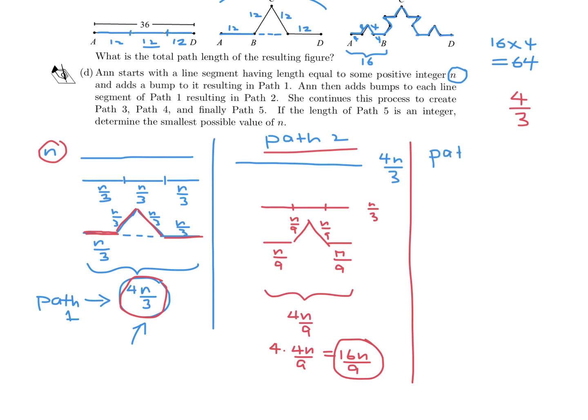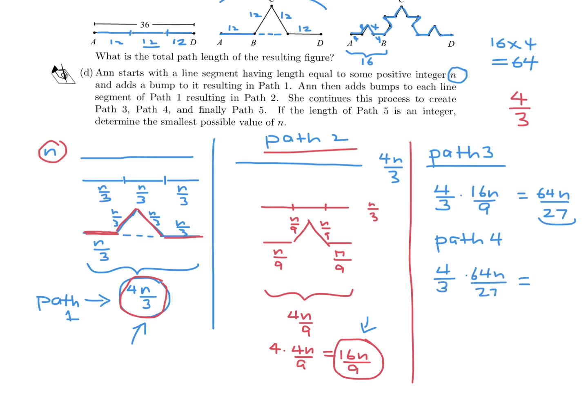So that means path 3 would be 4 over 3 times this one, 16n over 9, which I believe is 64n over 27. And then path 4 would be, again, 4 over 3 times 64n over 27, and that is 256n over 81.